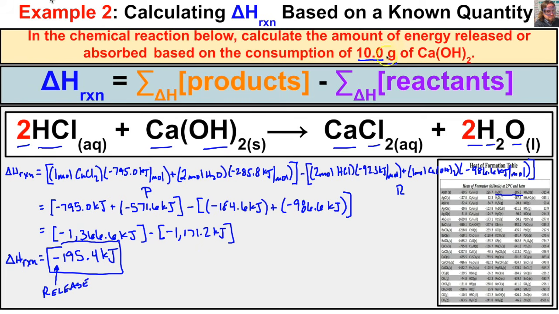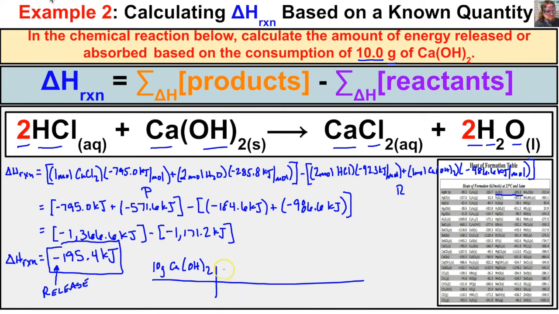What we now need to figure out is if we have 10 grams of CaOH2, then how much energy will be released. So we have to carry this one step further. If we have 10 grams of CaOH2, we now need to figure out how much energy is going to be released based on this 10 grams.